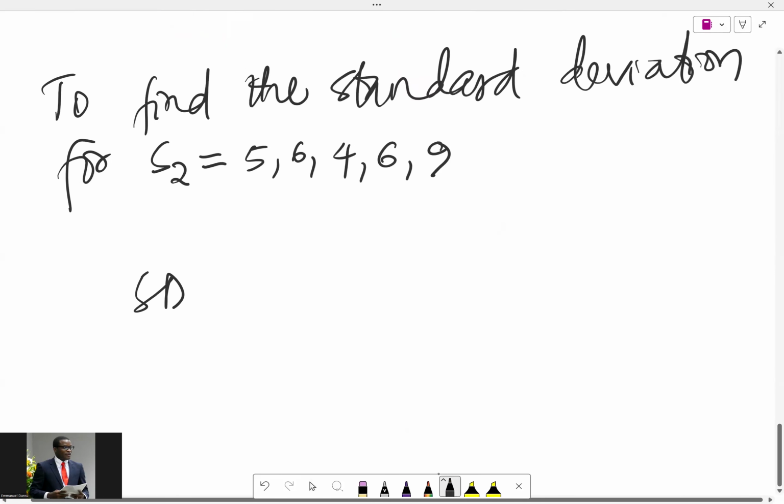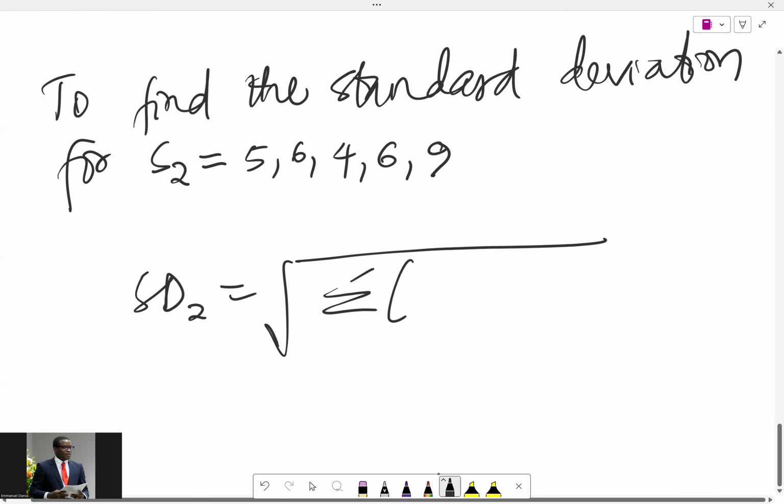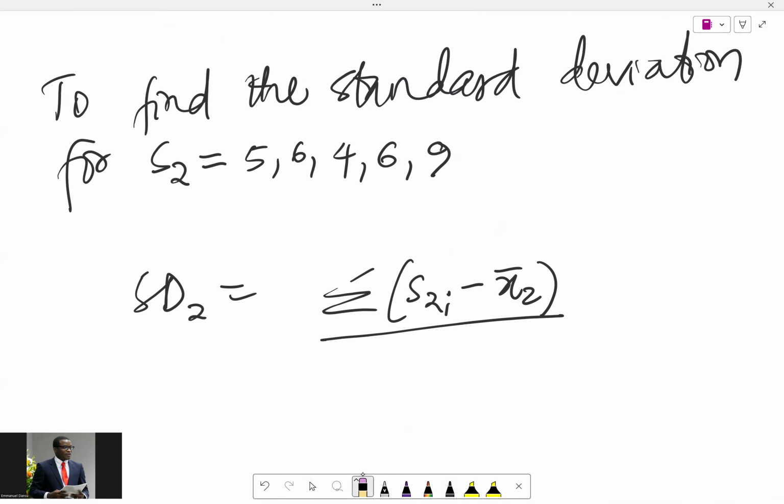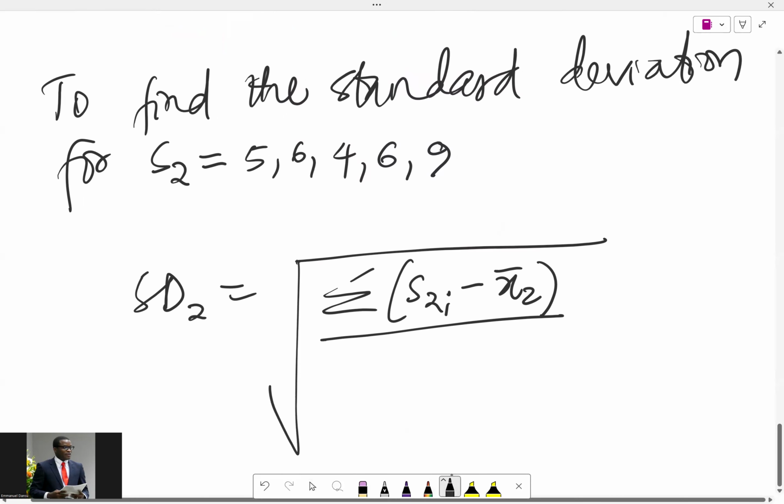Then we can say SD2 is equal to the square root of the summation of (S2i minus X2 bar) squared, divided by n minus 1.